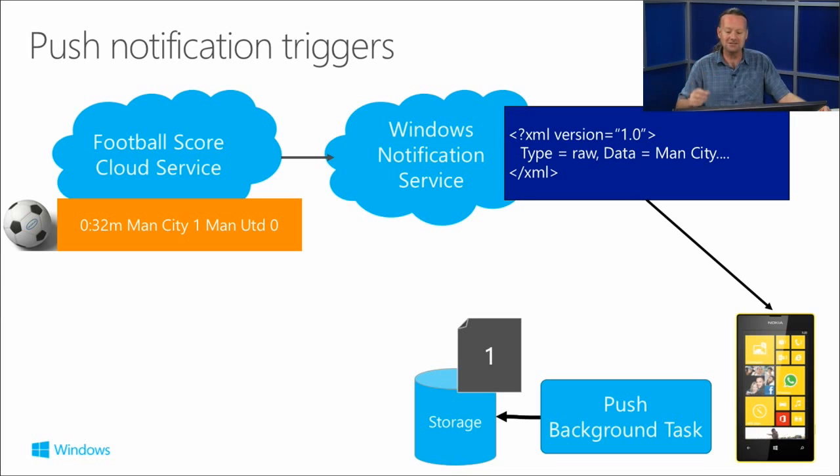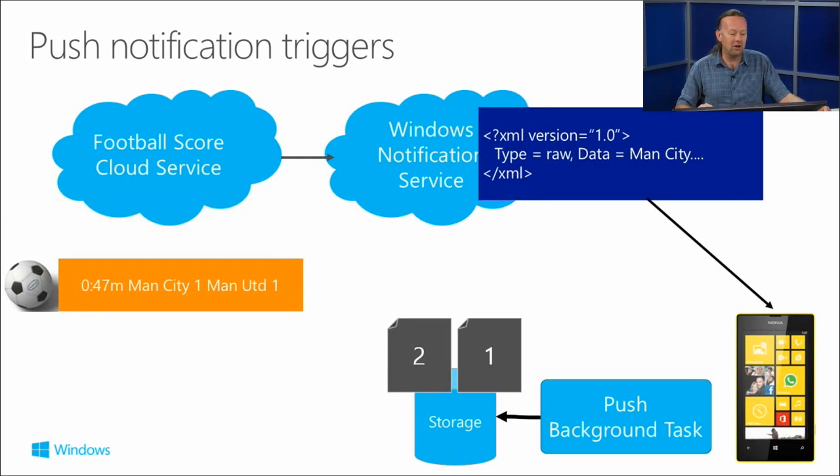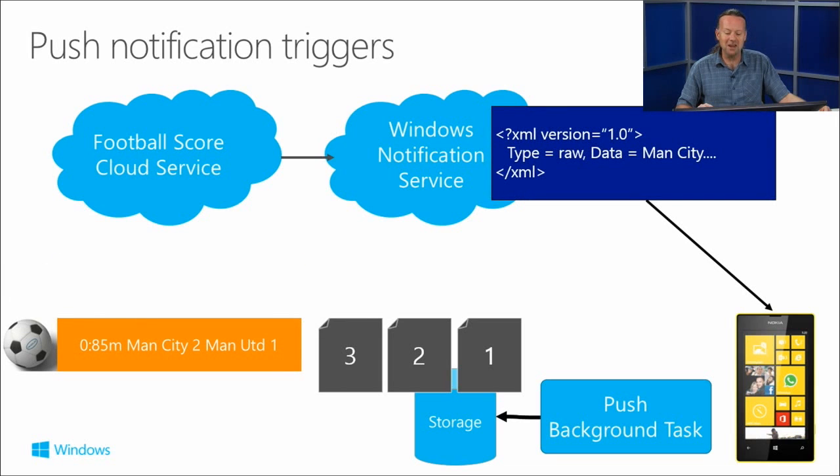You've already got the latest information, and the user doesn't have the annoying experience of sitting and watching while the app updates. Later on, we've got an equalizer by, who should we say, Ryan Giggs. Yeah, I know he's their manager now. Okay, so they've got a goal. Another notification goes through, and you can see how the data keeps getting sent through, and the background task can be storing the updated information.